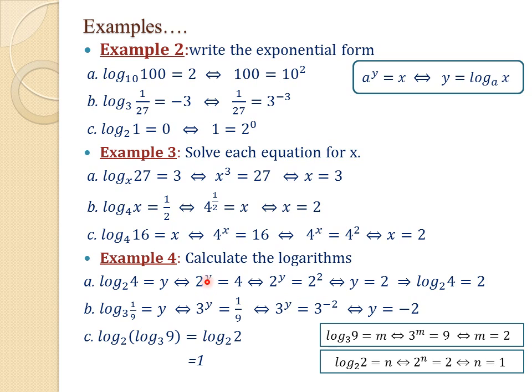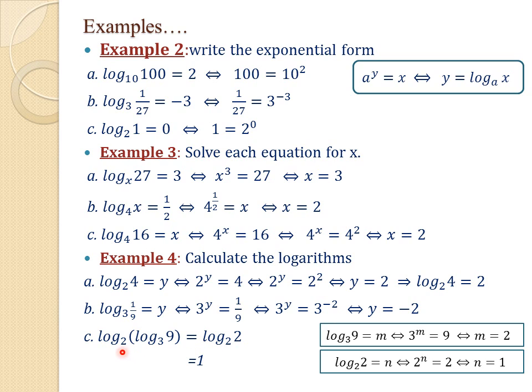Of course, 2 power y cannot be simplified, but 4 is 2 power 2, so then y is 2. Therefore, logarithm 4 to the base 2 equal 2. Now, logarithm 1 over 9 base 3. Also, I make it equal to any expression, say y. Then 3 power y equal 1 over 9. And again, 1 over 9 is 1 over 3 power 2, which is 3 power negative 2, and y is then negative 2.